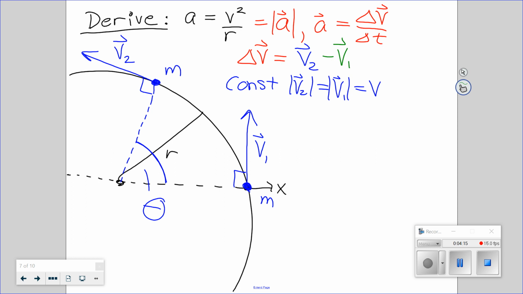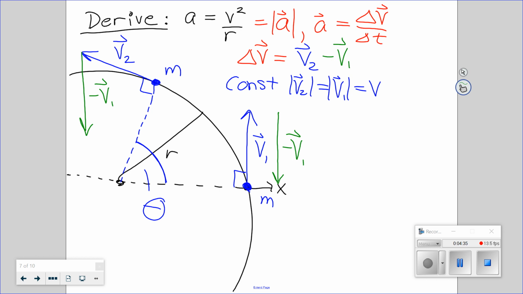That's why I drew this with some space. Here's minus v1. It's v1, but it points exactly the opposite direction. I'm going to copy that vector over here. They should be the same length. v1 goes straight down, minus v1 goes straight up.